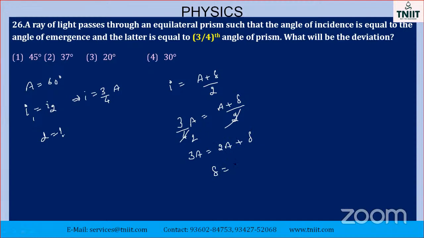So deviation is equal to how much? 3A minus 2A is equal to 2 times delta. So A is equal to 2 times delta. Deviation is A by 2. A by 2 is 60 by 2, that is 30 degree.